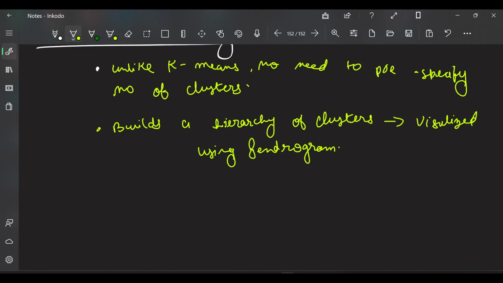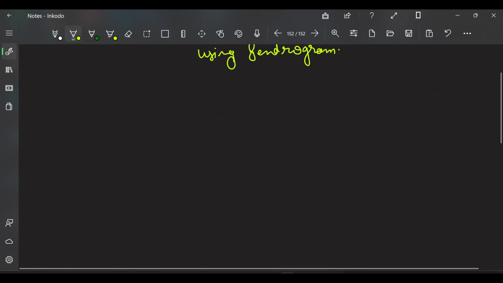Next, we will understand the types of hierarchical clustering.